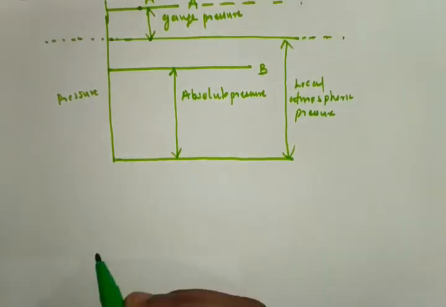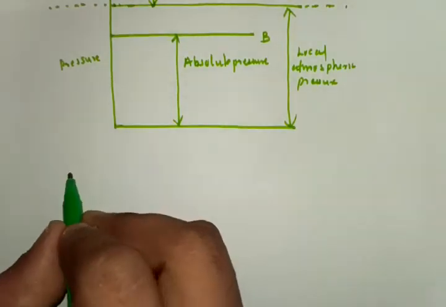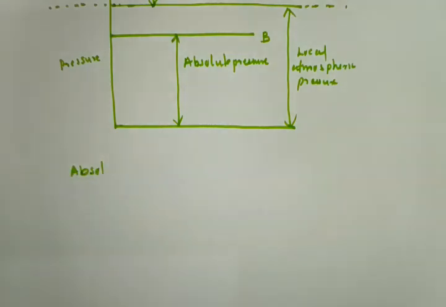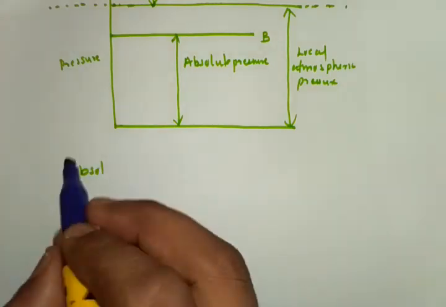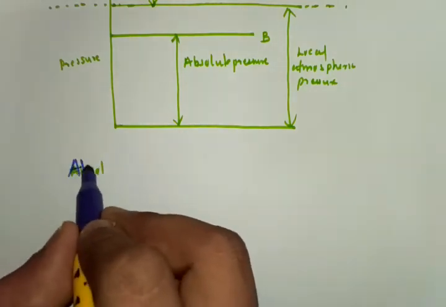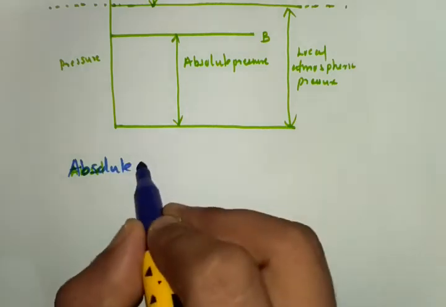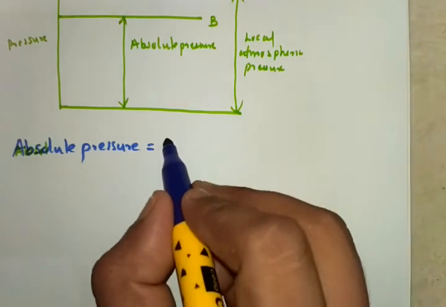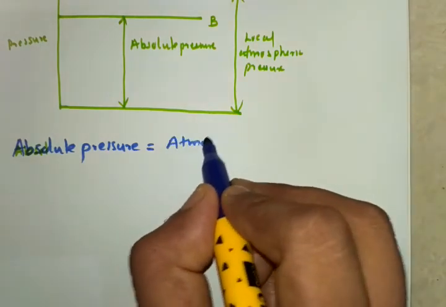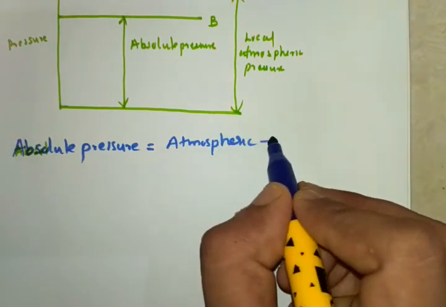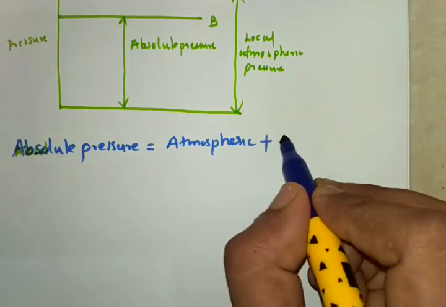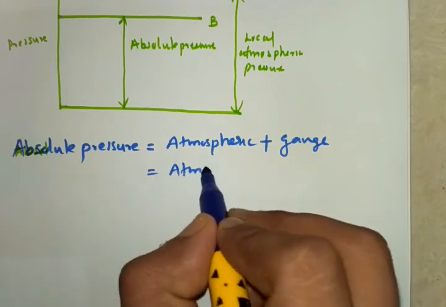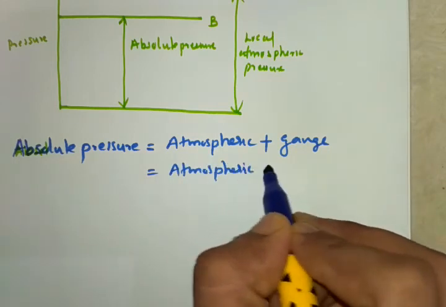Okay, so now we have the equation: absolute pressure is equal to atmospheric plus gauge, or atmospheric minus gauge.